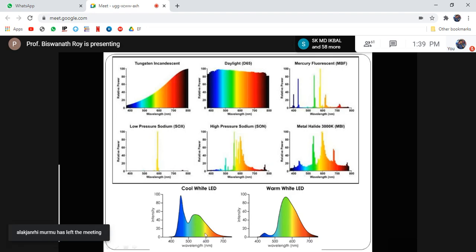It is the amount of phosphor and the type of the phosphor that, from the same blue chip, we can get both warm white LED and the cool white LED. So this diagram, in short, is the pictorial representation of the spectral power distribution of different light sources. And this spectral power distribution gives us some idea of the color appearance of the lamp.